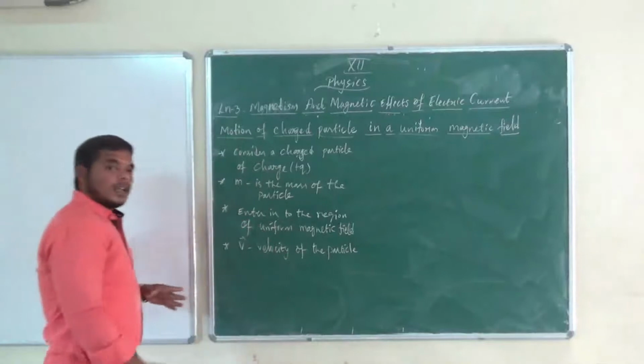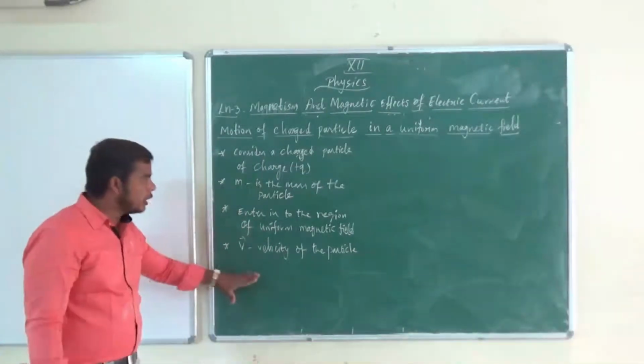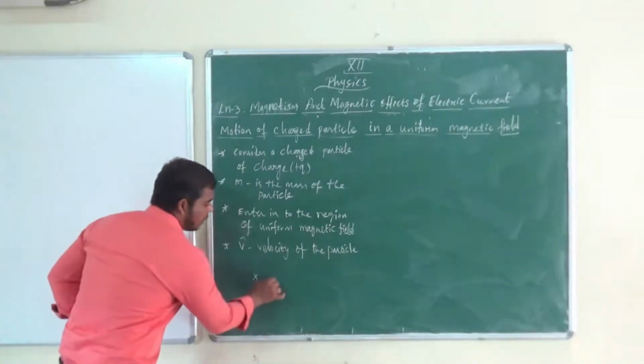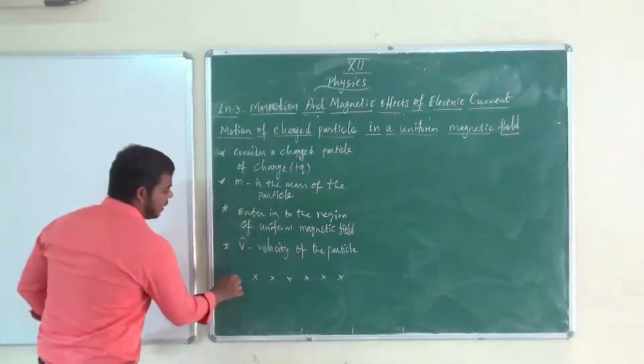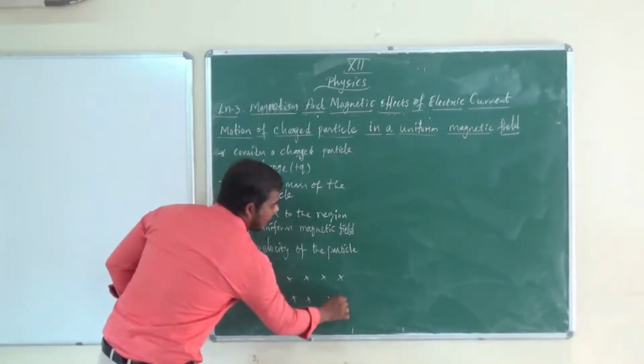Now, the uniform magnetic field is perpendicular to the plane of the paper.